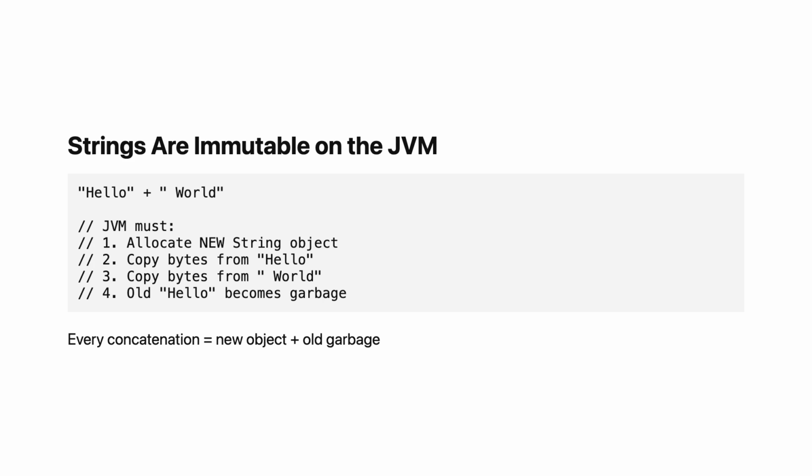This seems minor, and for one concatenation it is. But think about what happens in a loop. Imagine you are building up a log message in a loop. You start with an empty string and concatenate a new piece on each iteration. 10 items in the loop means 10 concatenations. Each concatenation creates a new string. But worse than that, each new string is larger than the last because it includes all the previous content plus the new piece.